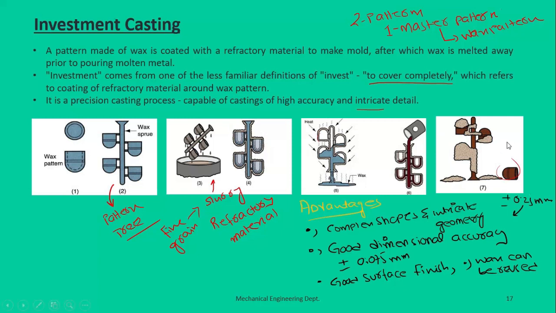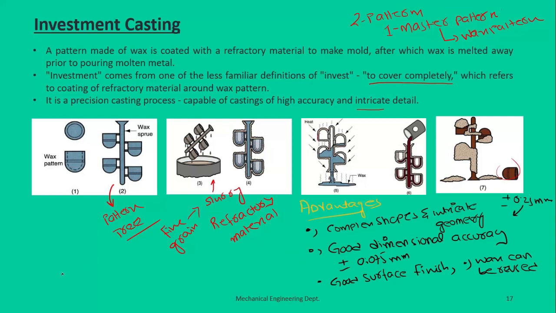It cannot cast a very large product, rather it can cast small or somewhat medium sized products that can weigh up to 75 pounds. So parts that require complex shapes with intricate geometries can be cast.